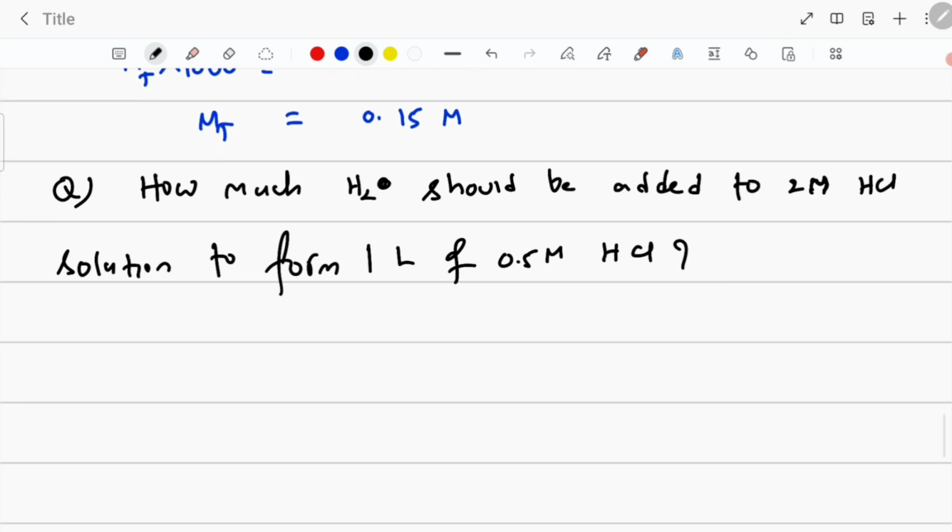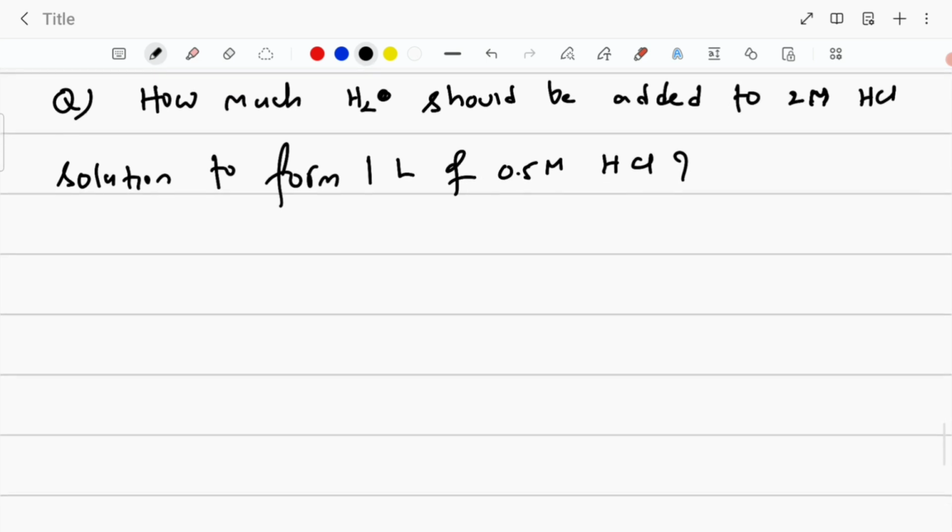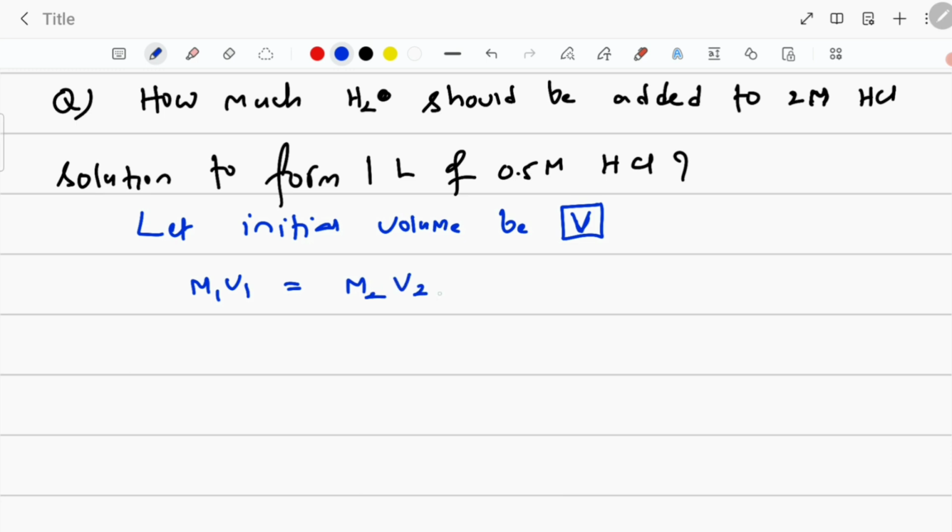How much H2O should be added to 2 molar HCl solution to form 1 liter of 0.5 molar HCl solution? Again, let us take an assumption. Let the initial volume be V. Some amount of water we are adding to this, and we need to find how much water is added. It's a dilution formula, M1 V1 is equal to M2 V2. Whenever a solution is diluted, we have to use it.